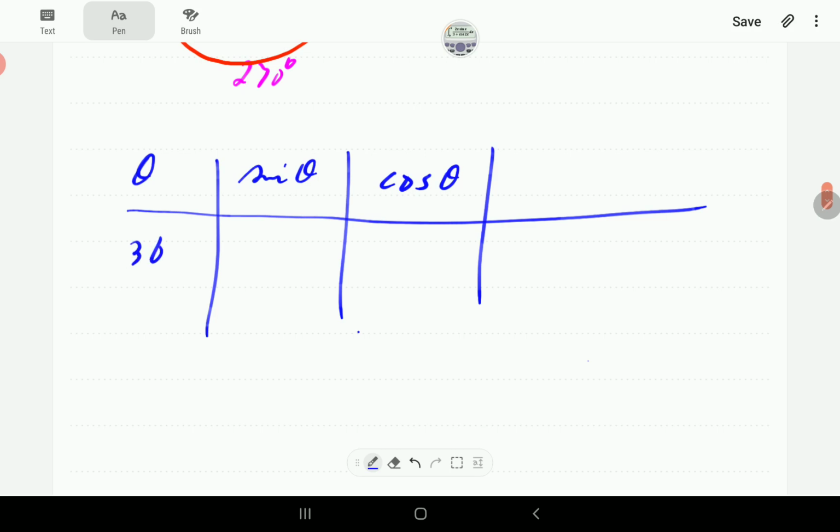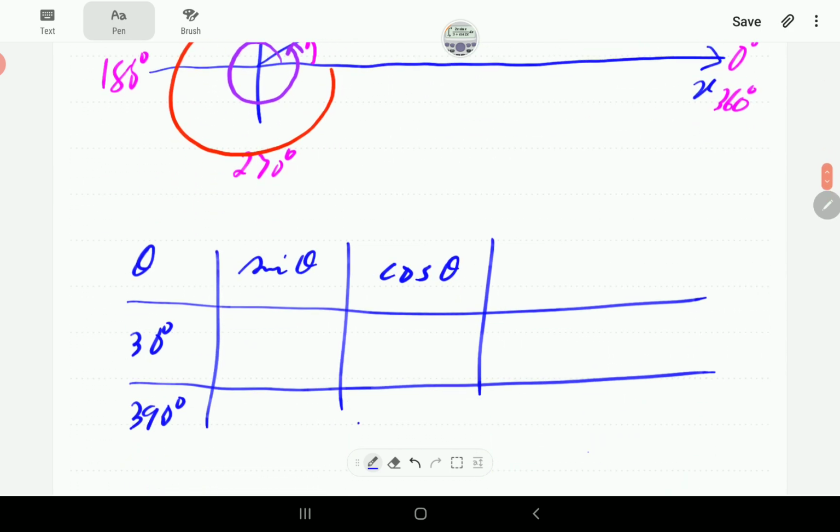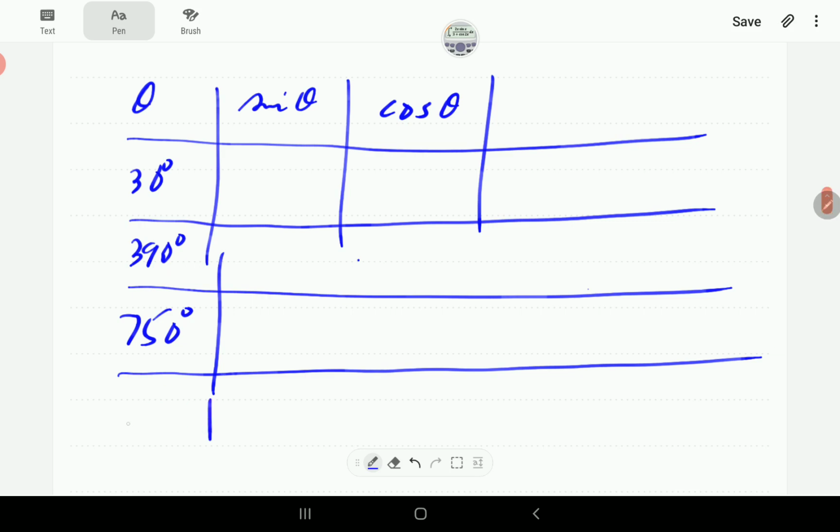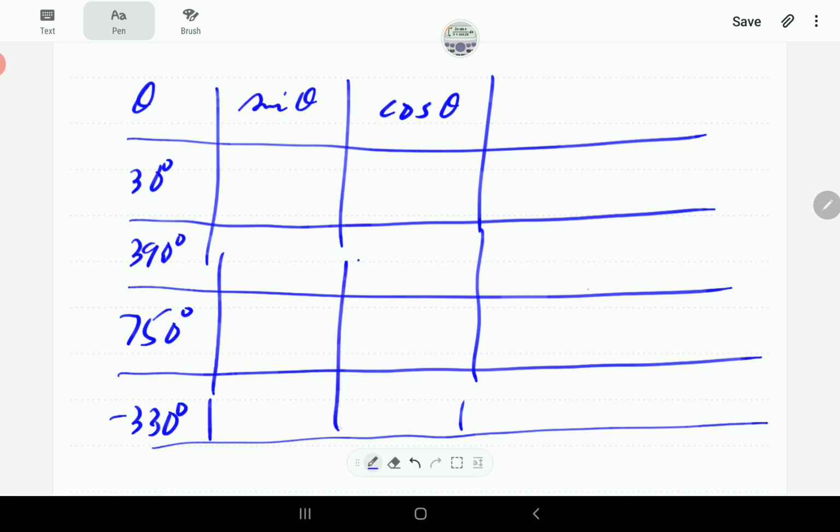So we have 30, we also have 390, we have 750, and then we have negative 330. So we're going to check what the sine of each of these is and what the cosine of each of them is.